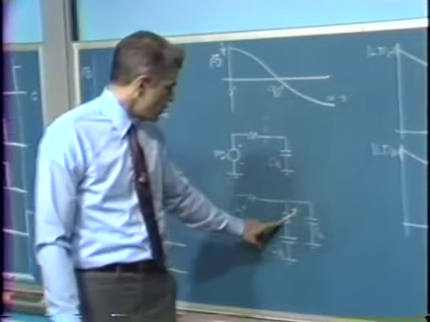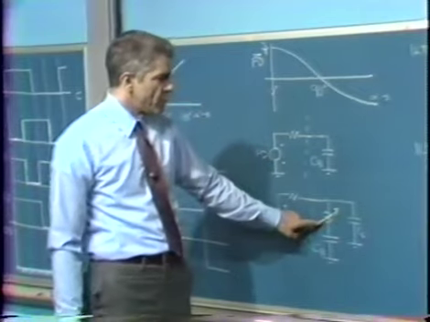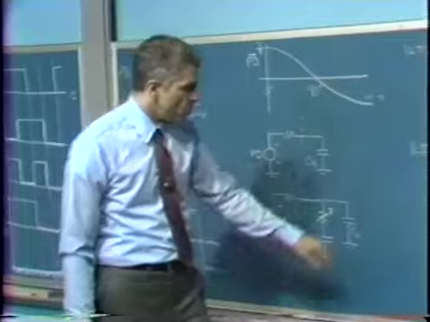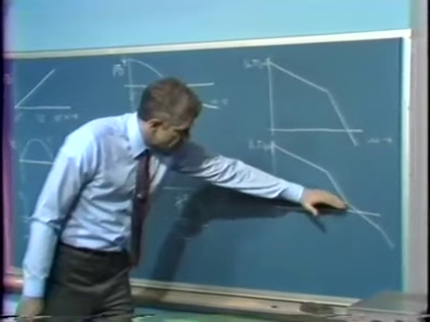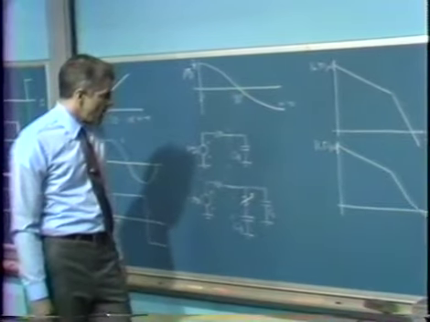We cross over with very nearly a 1 over s kind of slope. We've moved this zero back toward lower frequencies.